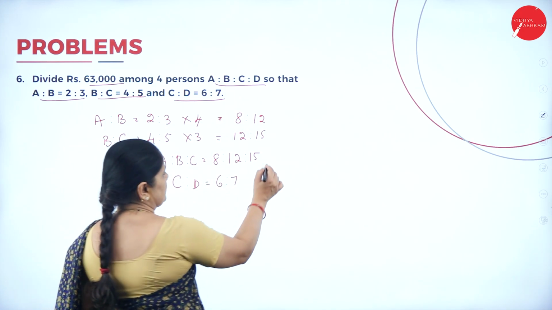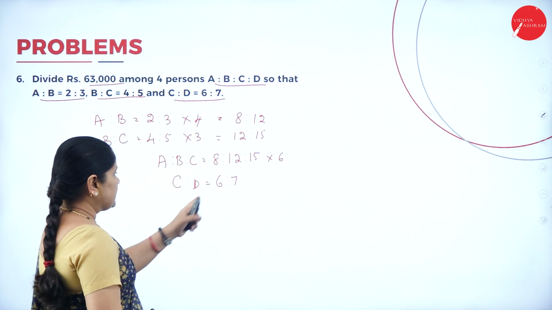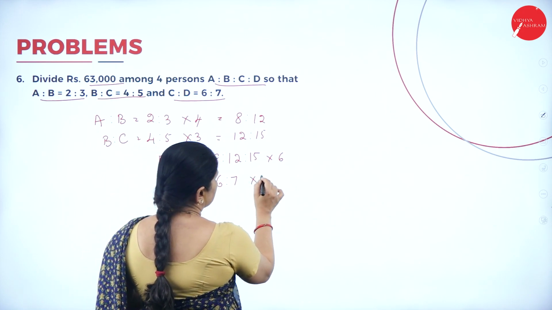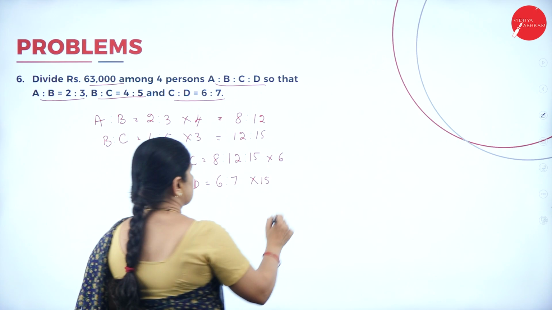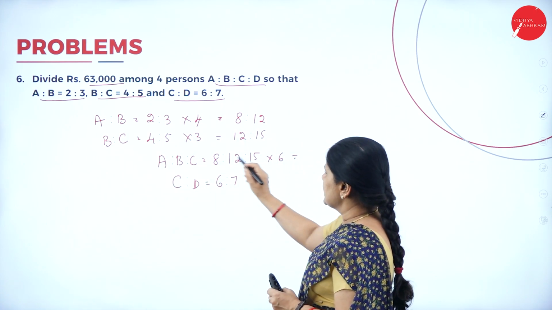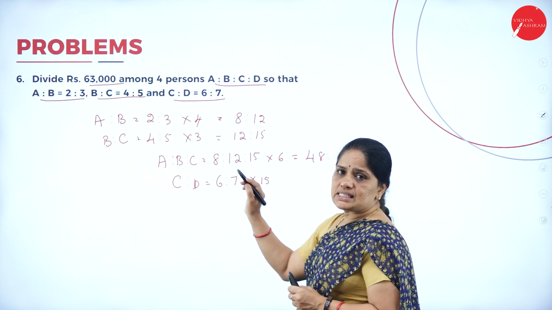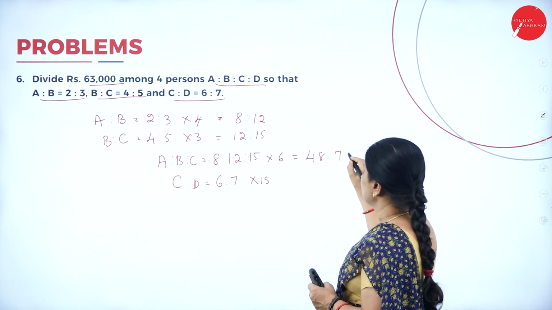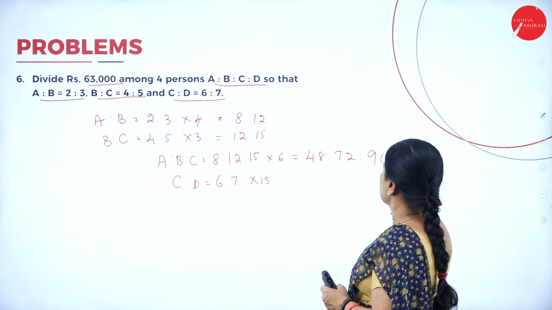Now, we have to equate this C here. So what I will do is, this ratio I'll multiply it by 6 and this ratio I'll multiply it by 15. So what will be the answer? Here into 6, so 6 8s are 48 is to 12 6s are 72 is to 15 6s are 90.